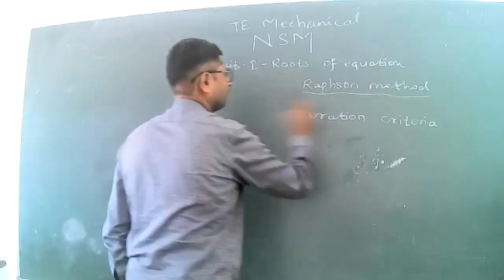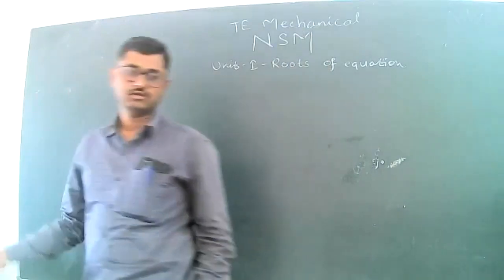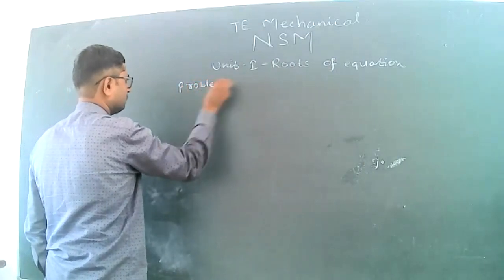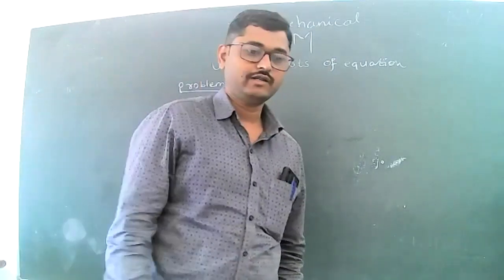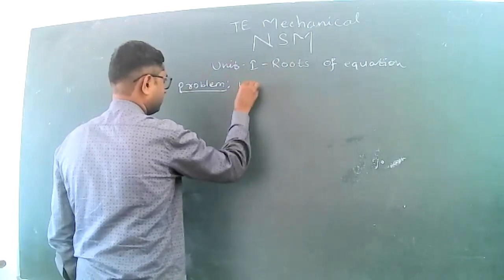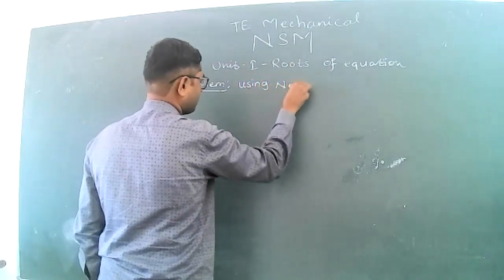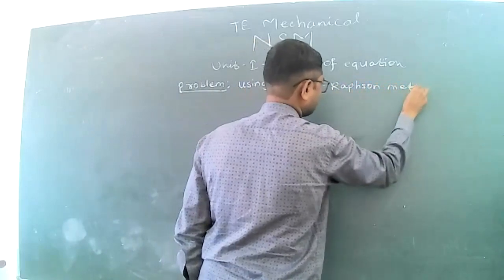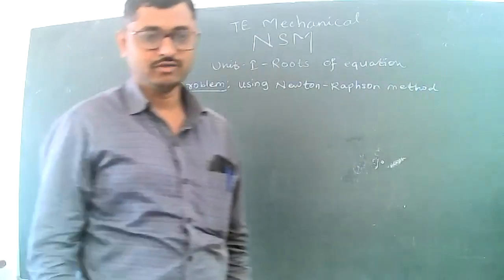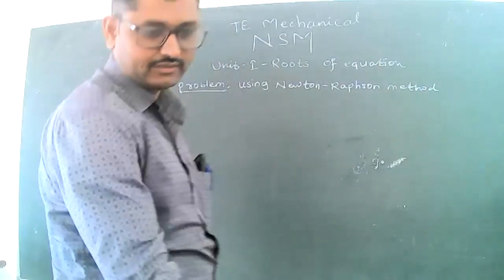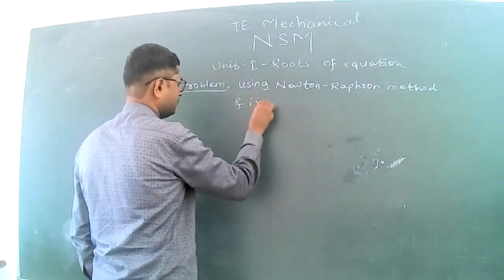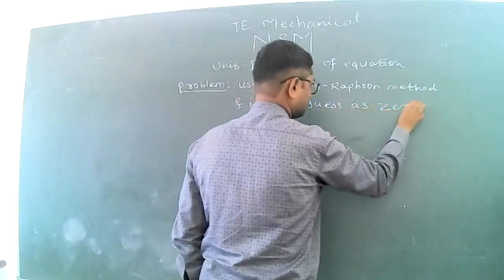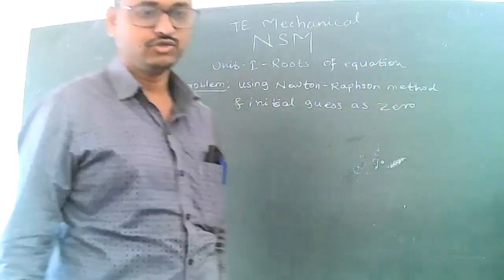So I just write the numerical. The problem is based on iteration criteria, using the Newton-Raphson method and initial guess as 0.